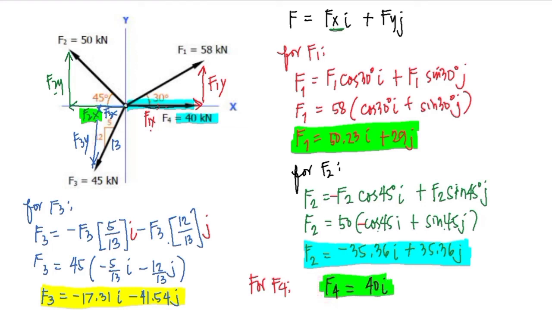And this is our answer for F4. So for the units, since we are in kilonewton, force 1 is kilonewton and force 2 is kilonewton, so everything is expressed in kilonewton.